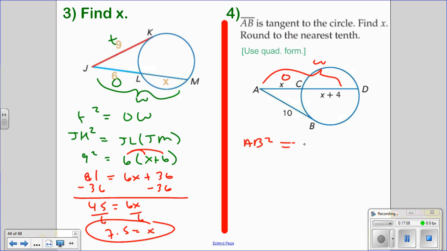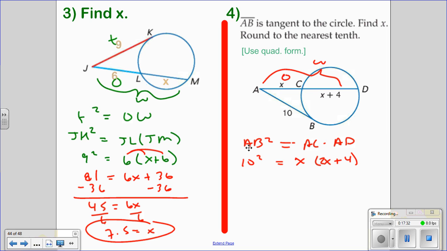So that would be AC times AD. So 10 squared is equal to x times 2x plus 4, because we're combining like terms.